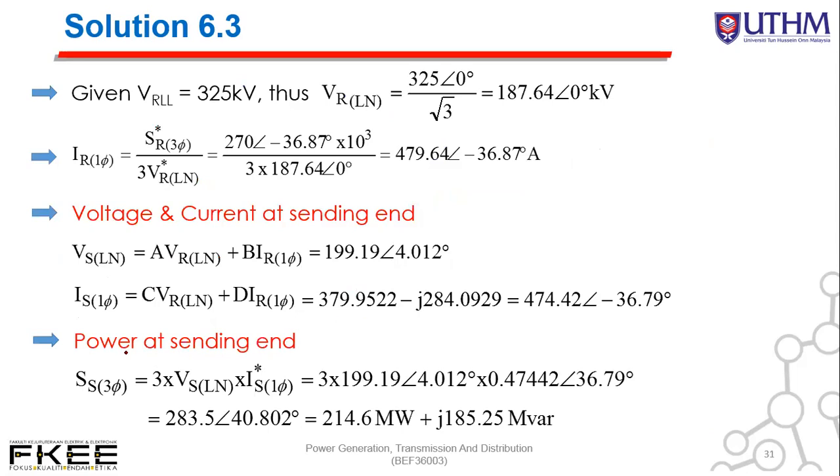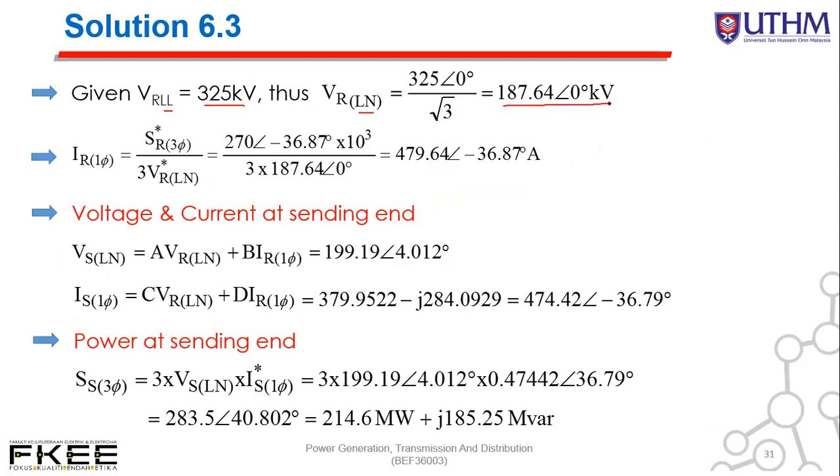From the given receiving voltage line to line, the three-phase voltage at receiving is 325 kilovolt. So we can calculate the single phase receiving voltage, that is 325 divided by square root of 3, and we got 187.64 kilovolt.